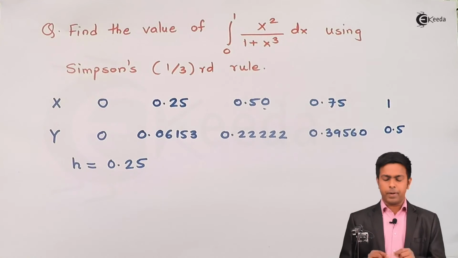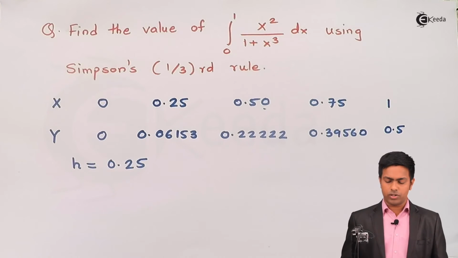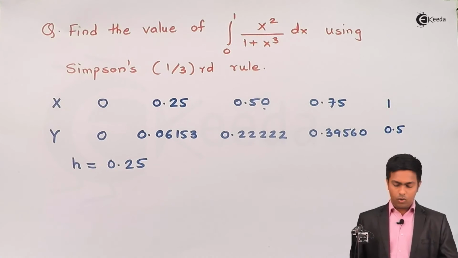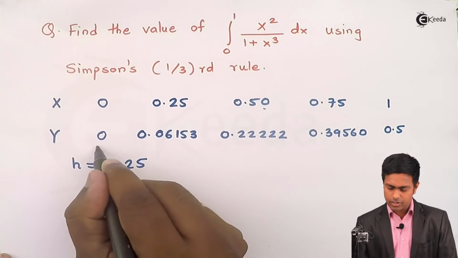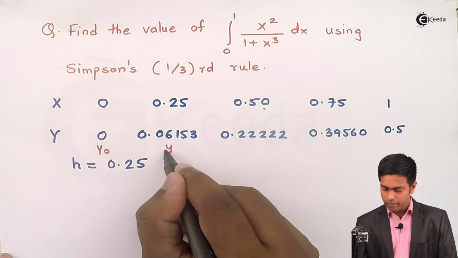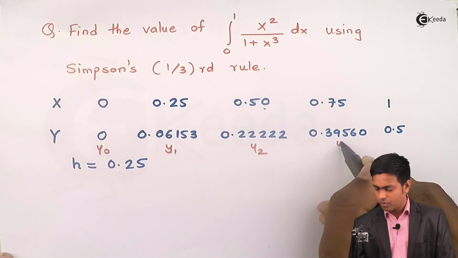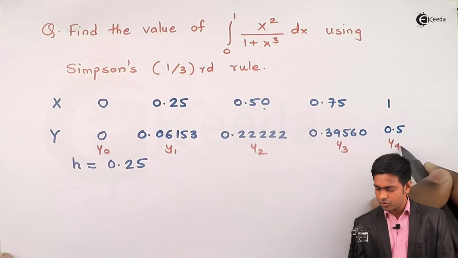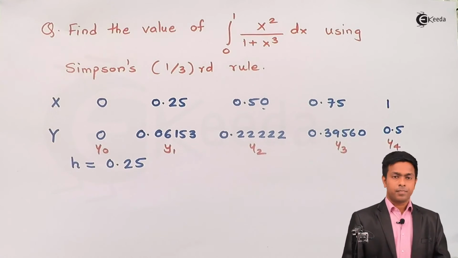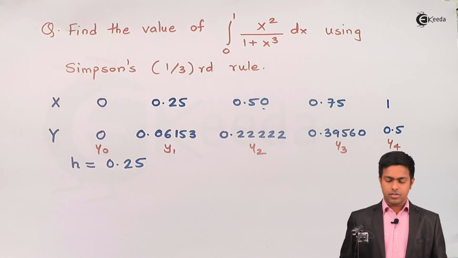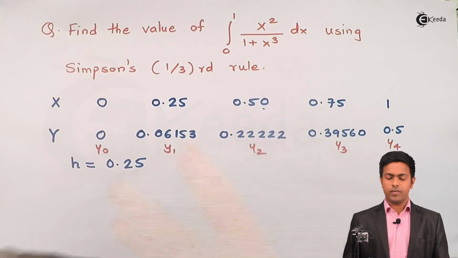Here we prepared the table for Simpson's 1/3 rule, and now we'll give names to the ordinates. This value will be y0, this will be y1, y2, y3 and y4. So we're getting the last value as even. Let's find the value of the integral.